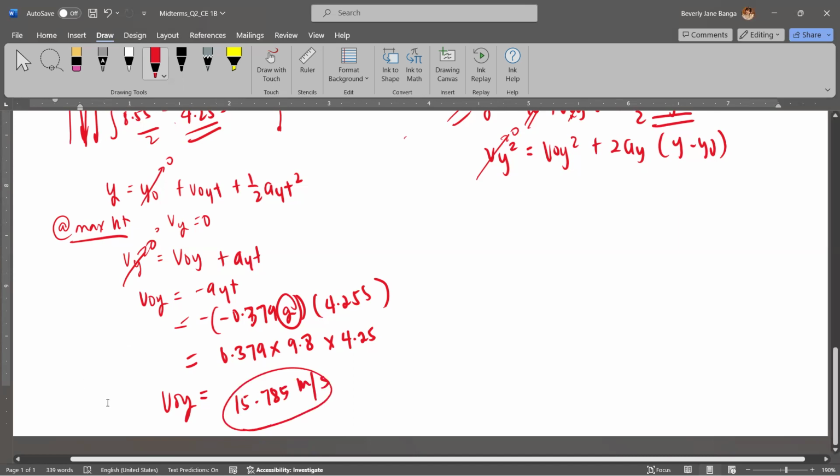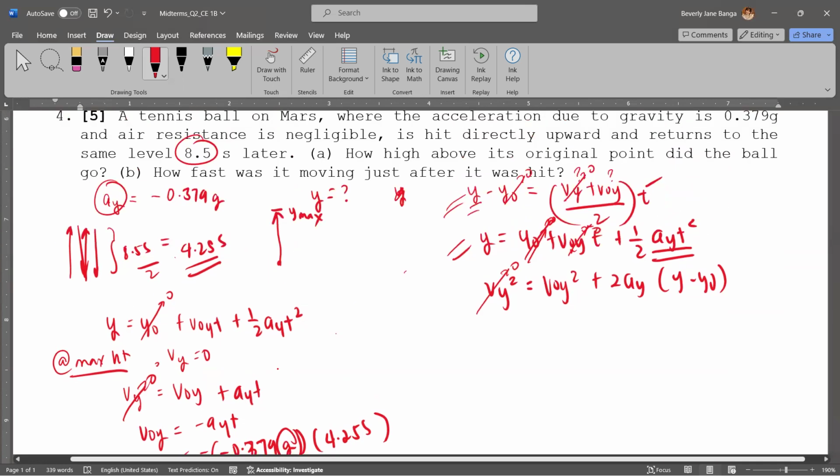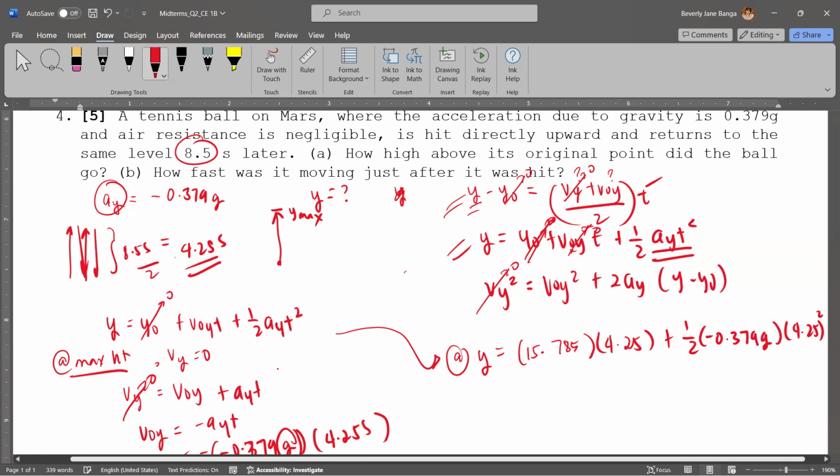So, from here, since alam ko na yung voy, pwede ko na siyang plug in dito kay y. So for letter A, y is simply 15.785 times 4.25 plus 1/2 negative 0.379 g times 4.25 squared.